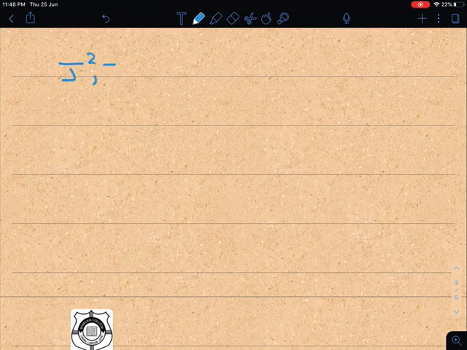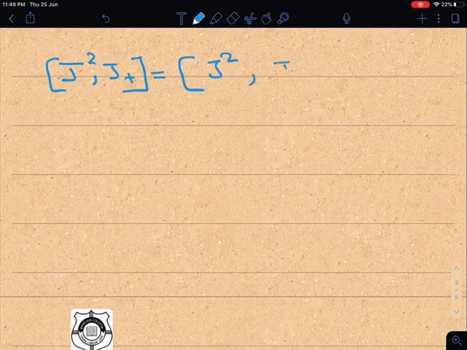So J square and J plus. Let's first of all recall what J square is. It is Jx square plus Jy square plus Jz square, and J plus is Jx plus iJy. So we'll substitute J plus into the commutator of J square with Jx plus iJy.